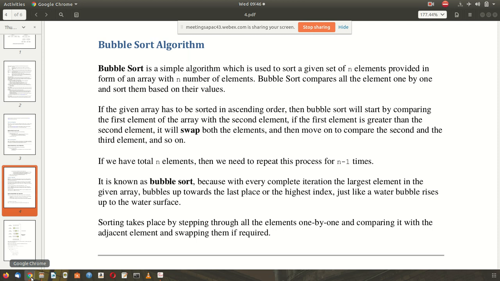Given some set of numbers, you have to give them in serial order as the answer. 12, 20, 25, 30 numbers will be given in the question, and you have to write the answer in sorted manner.